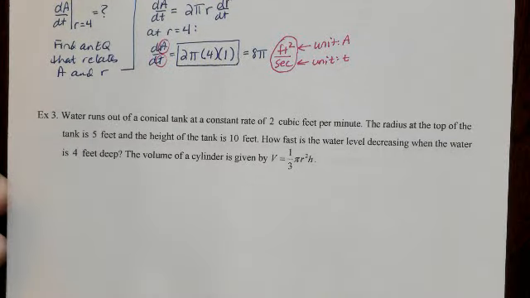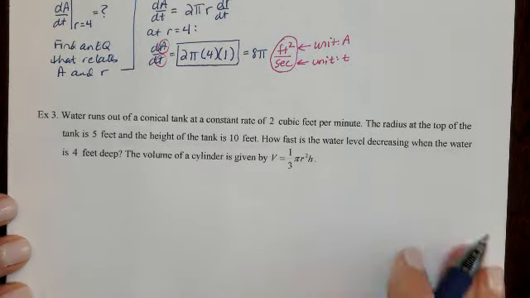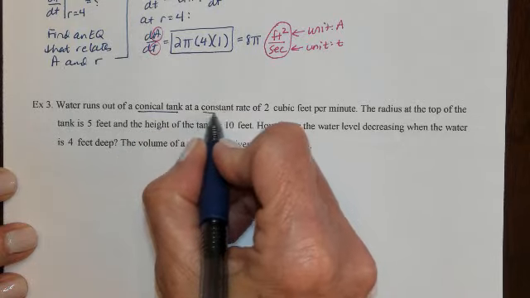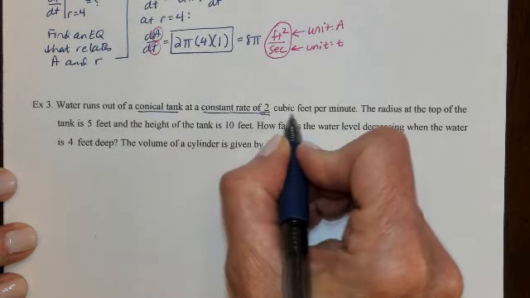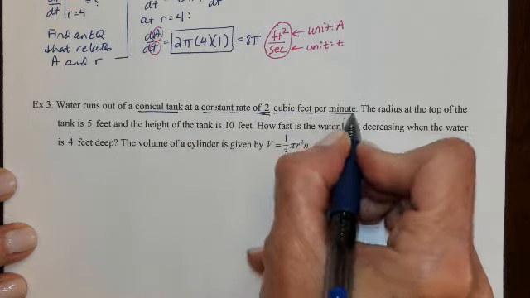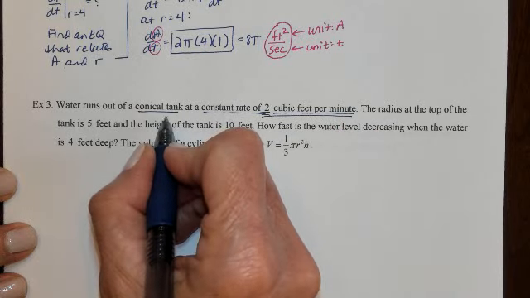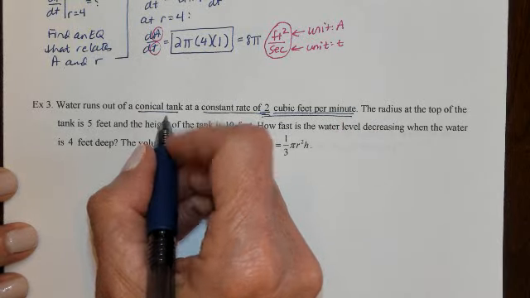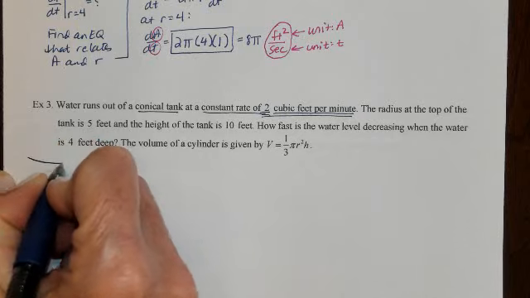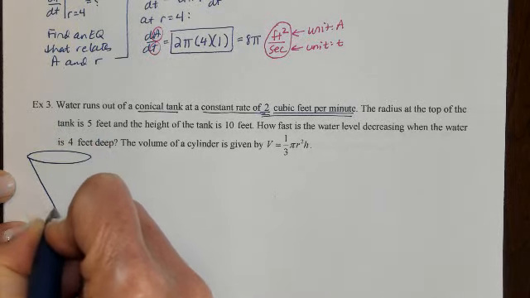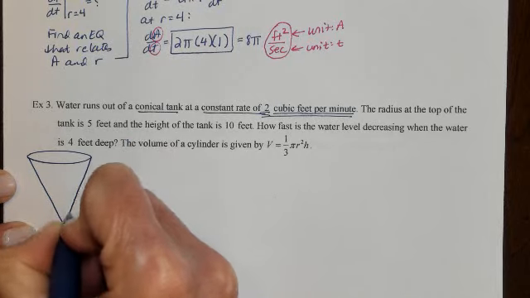Okay. Example 3. Water runs out of a conical tank at a constant rate of 2 cubic feet per minute. We have a conical tank. This is a common thing for them, they like these conical tanks. And I'm going to draw this conical tank kind of like this.